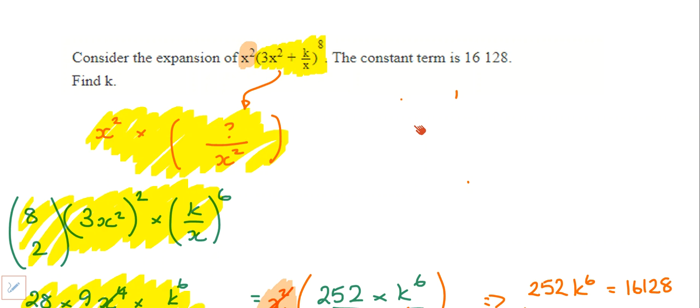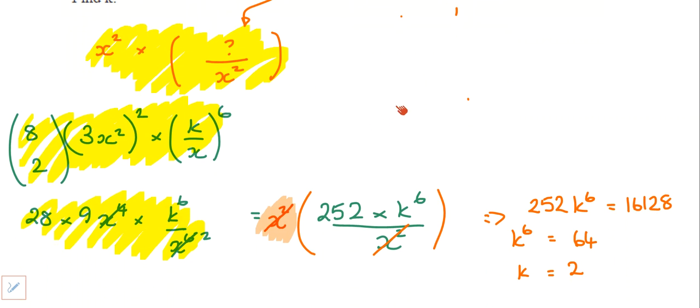I don't know, you tell us. Couldn't it be minus 2 as well? Why didn't they ask for the 2 possible values? They were already mean, so they didn't want to be meaner. Potentially, k could be negative 2. Yeah, they could have asked.